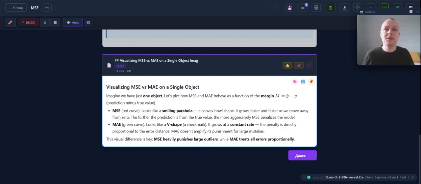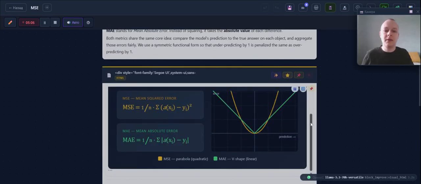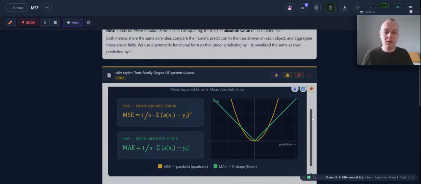That's the basic difference between MSE and MAE. We can look at this graph again and see how our error changes if our prediction is farther from the actual answer.